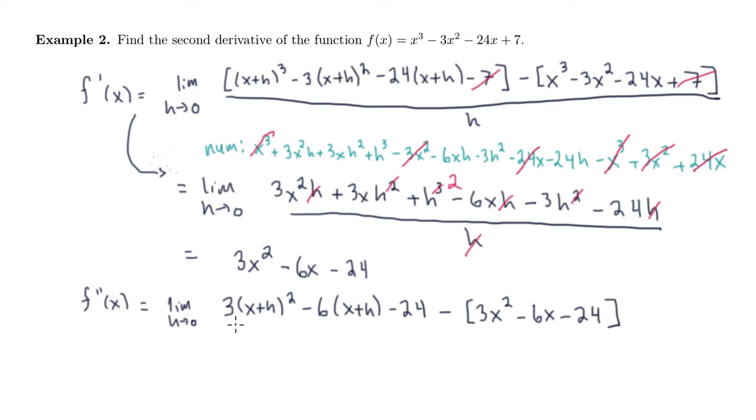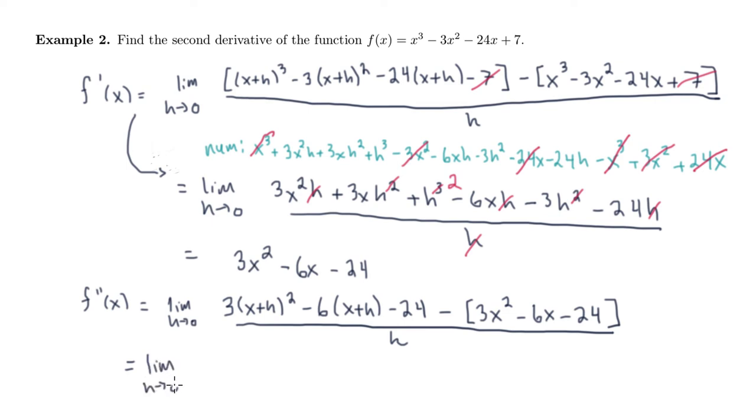And of course, all over h. So you see, the important thing to notice here is that the second derivative is just the derivative of the first derivative. So we're doing the same thing we did to find the derivative, except using f prime instead of f.